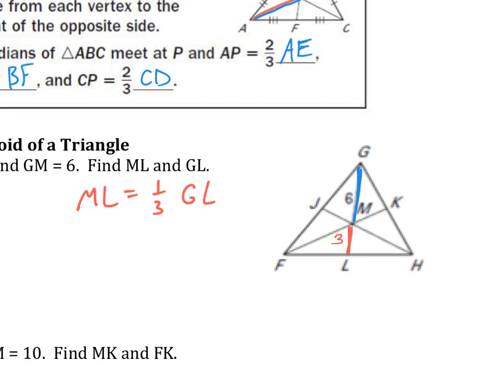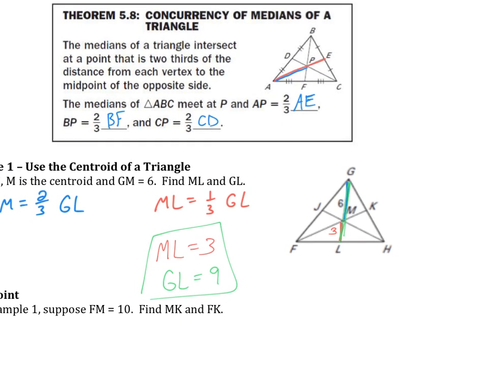So ML is going to equal 3, because if 2/3 is 6, then 1/3 must be 3. It's half as big. So ML equals 3. And then how big is it from G all the way over to L? GL is 6 plus 3, which is 9. So we were able to find ML and GL.